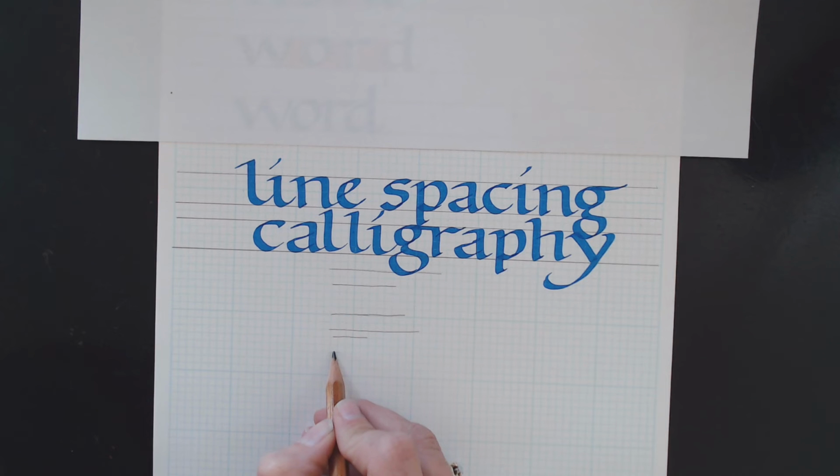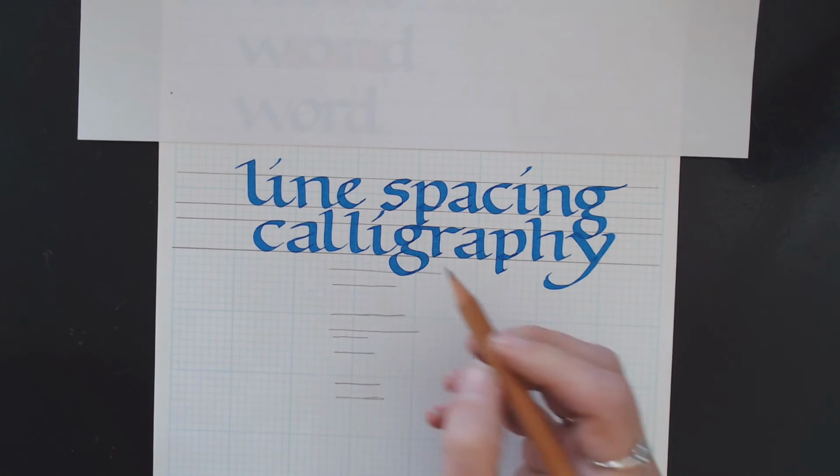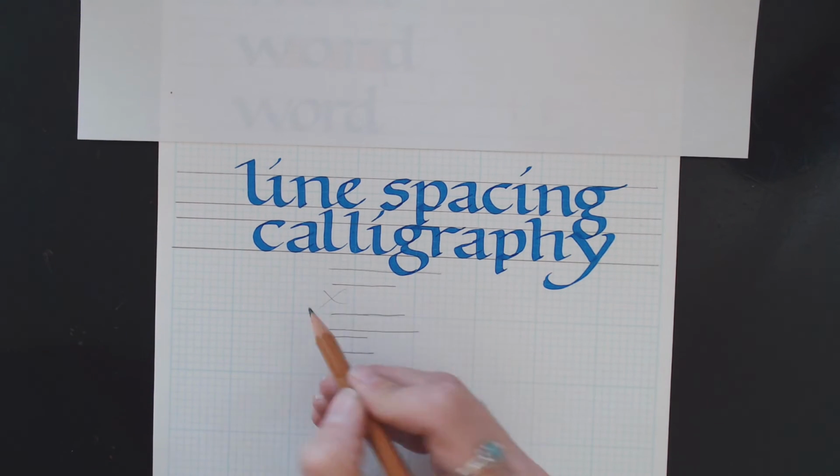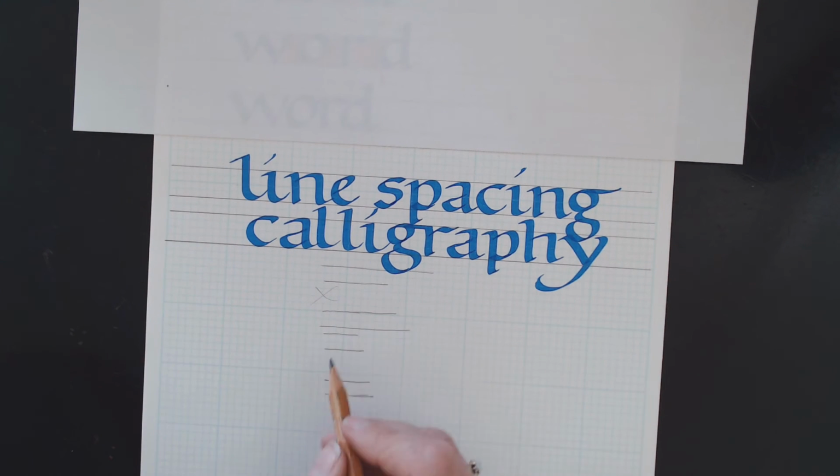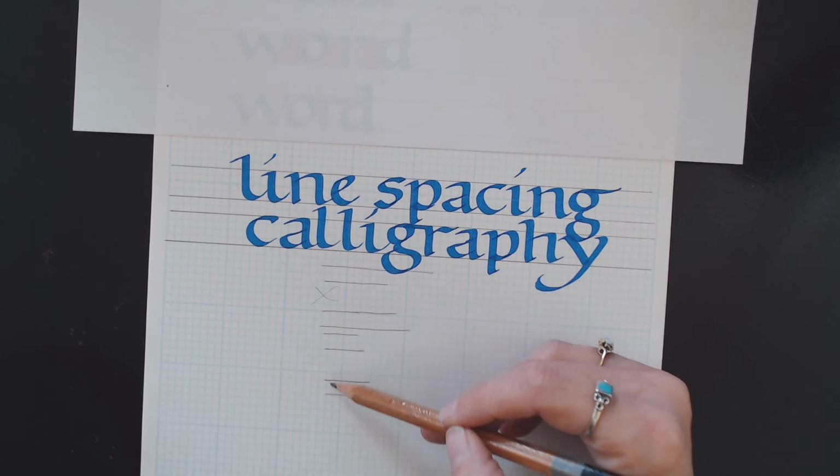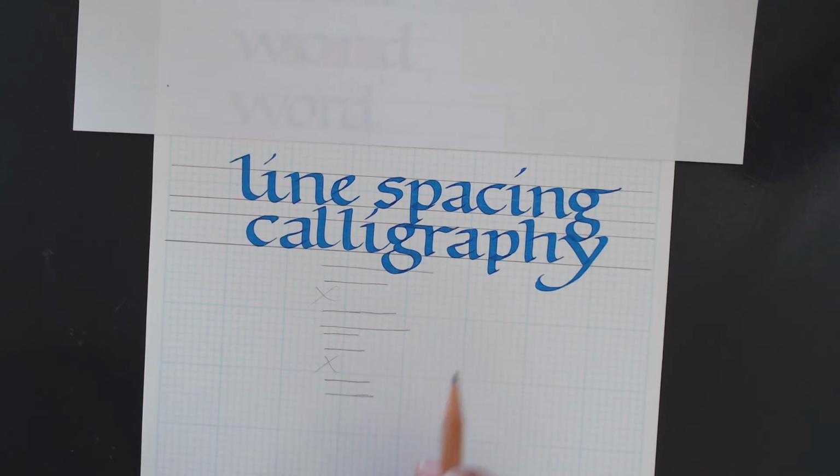And then start over. Header line, baseline, descending line. And then what I always do is I mark my x-height with an X, because this is a lot of lines to keep track of. And if I don't do this, then I'm very likely to write on the wrong line. Do yourself a favor, make yourself a map, and make sure that you're writing on the correct set of guidelines.